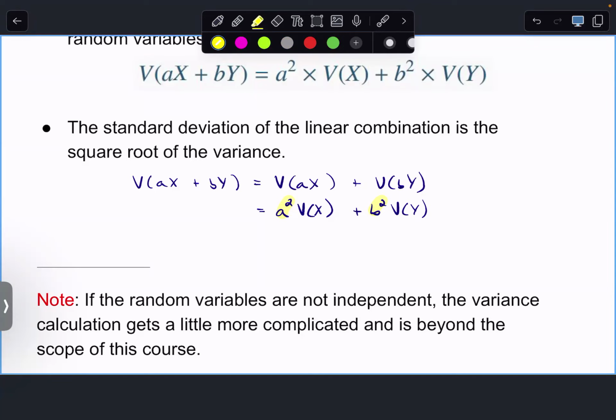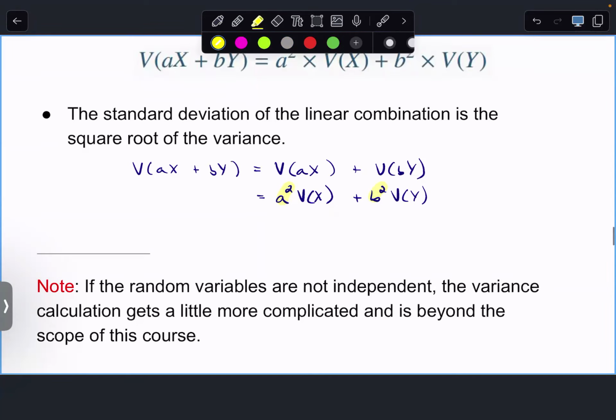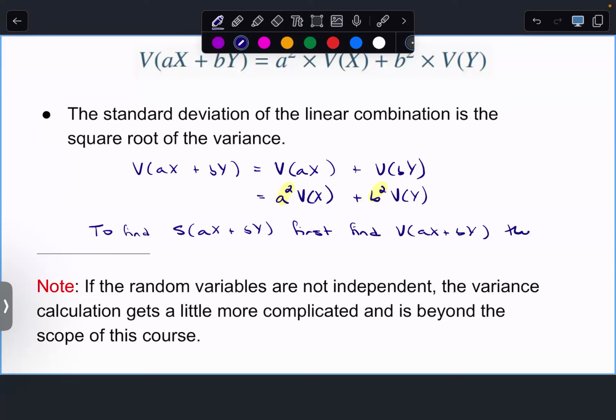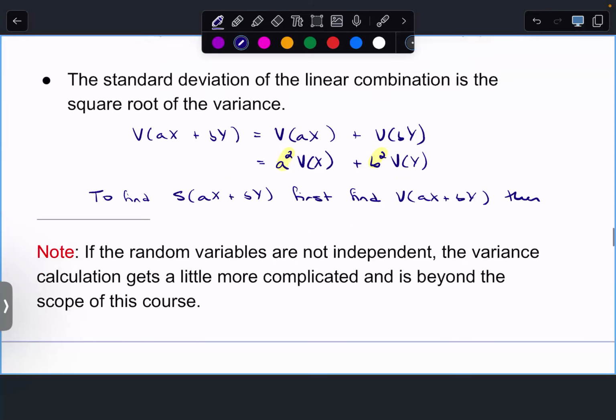And of course, to find the standard deviation of ax plus by, first find the variance of ax plus by, then take the square root.